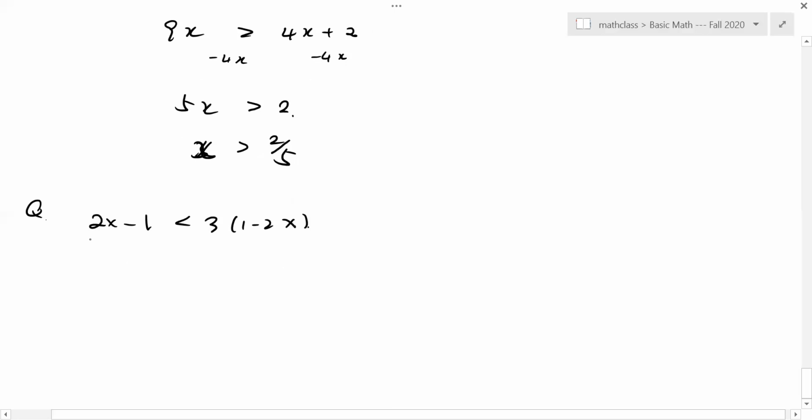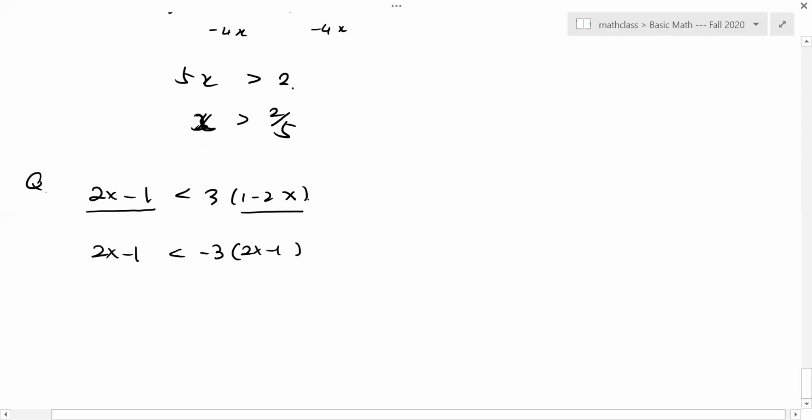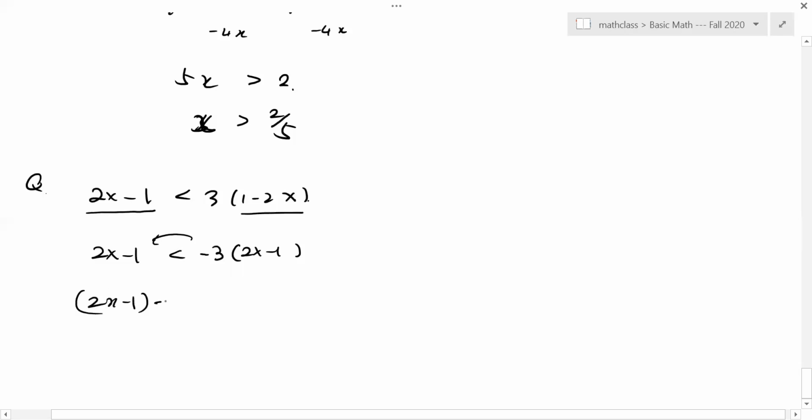Yeah, this time I'm going to do the following: 2x minus 1 and 1 minus 2x differ by a negative sign, so 3 minus 2x minus 1. Then I move this term to the left-hand side. So I get 2x minus 1 plus 3 minus 2x minus 1 less than 0.